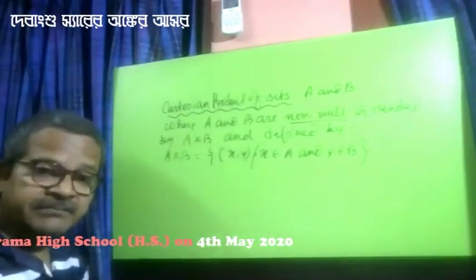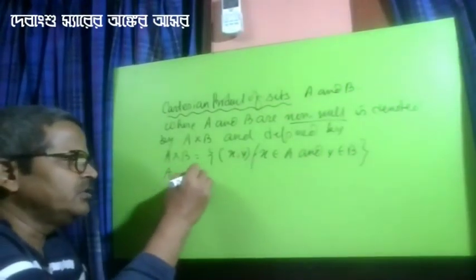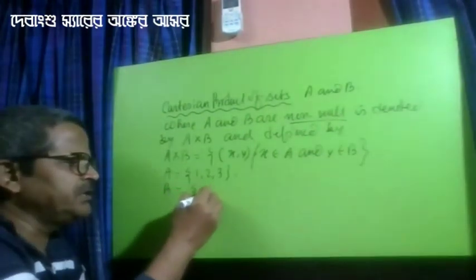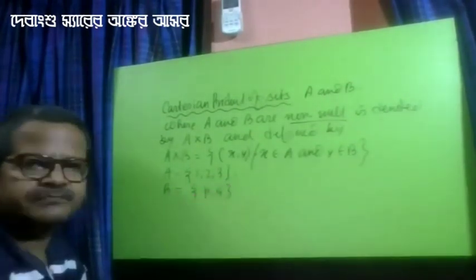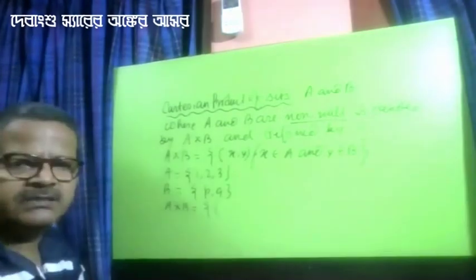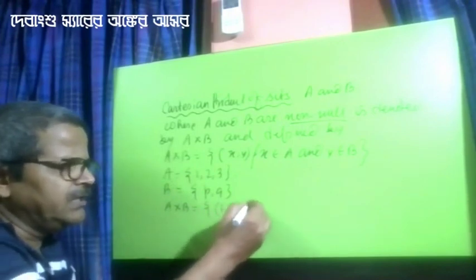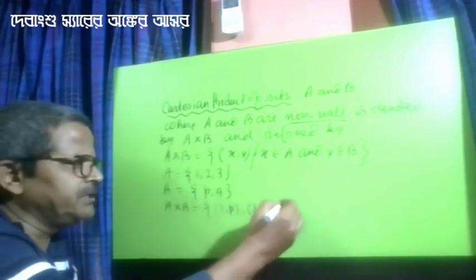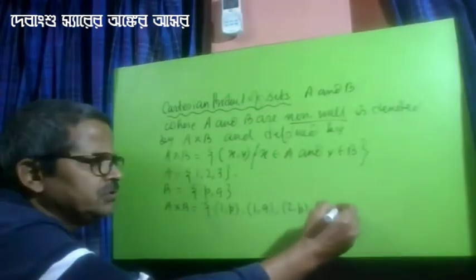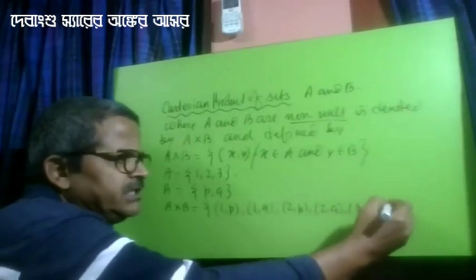If I take at least one example, it will be clear to you. Let A is equal to 1, 2, 3 and B is equal to P, Q. Then A into B is: first the ordered pairs 1P, 1 from A and P from B, 1Q, 2P, 2Q, 3P, 3Q.